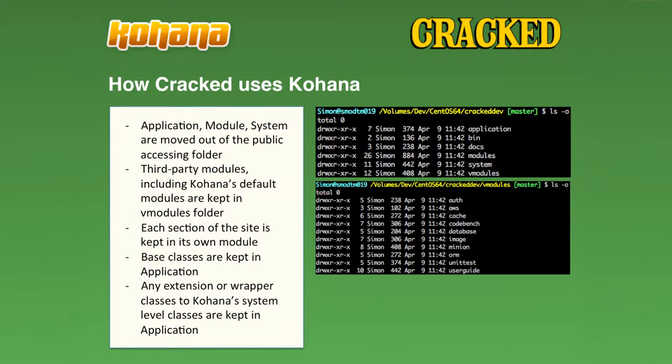So we chose Kohana, and this is how we use it. One of the first things we realized when we opened up the Kohana package is that the application, module and system folders are all sitting in the same place as index.php.